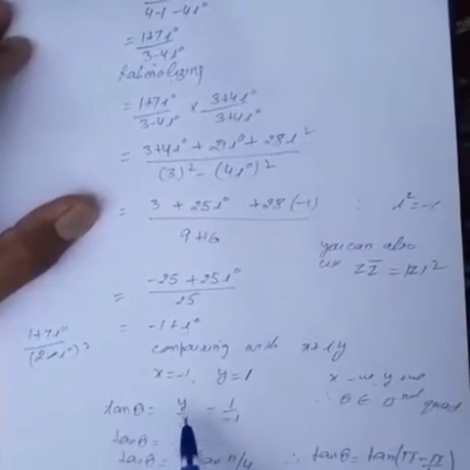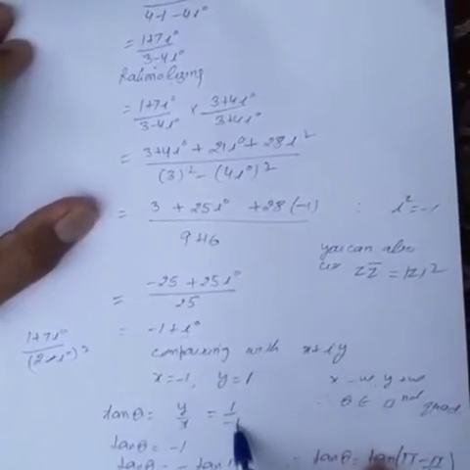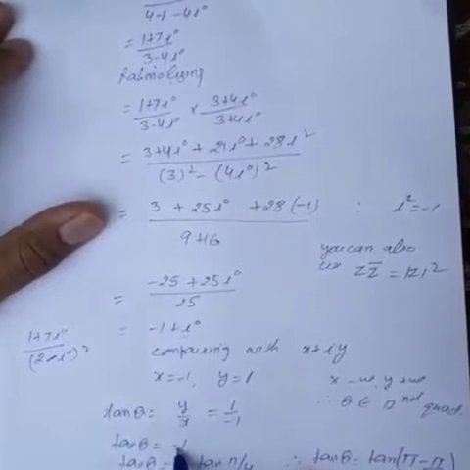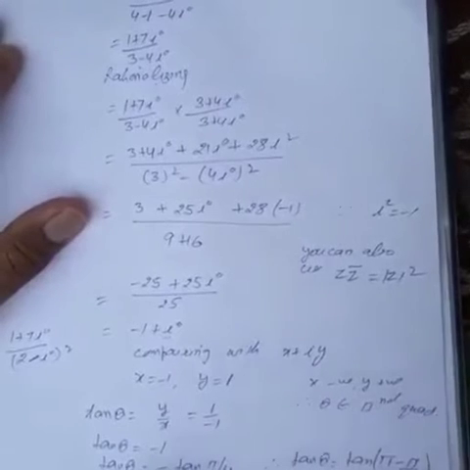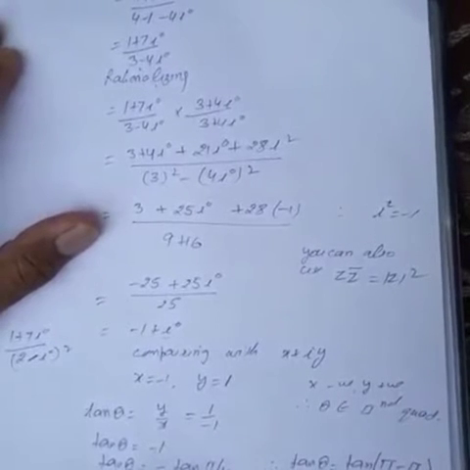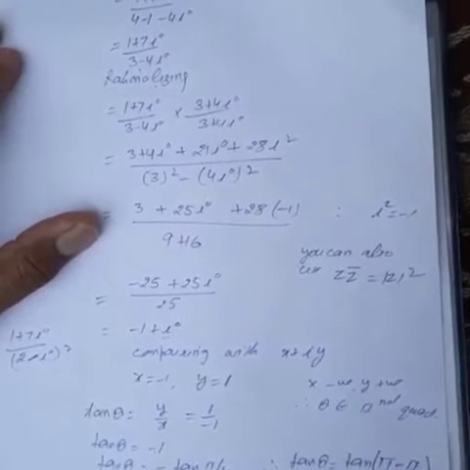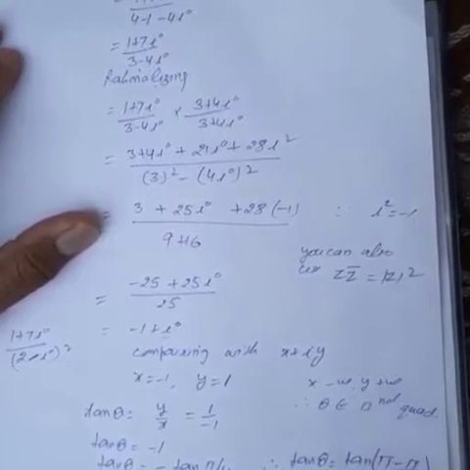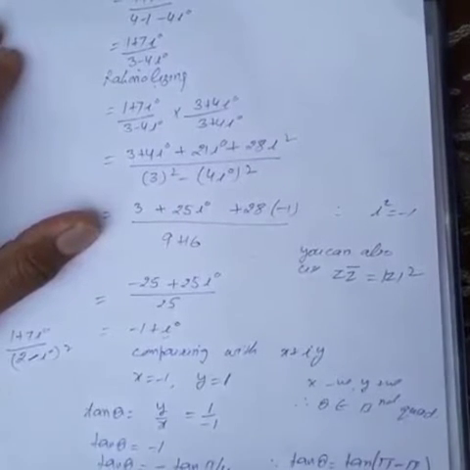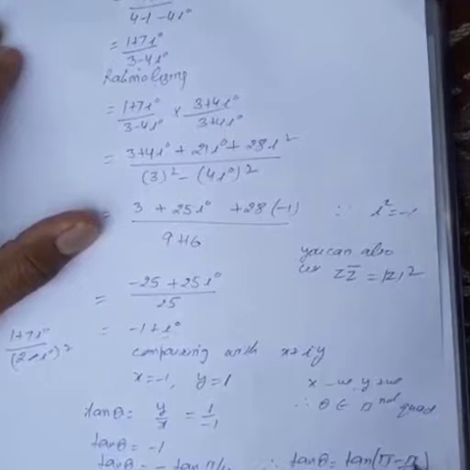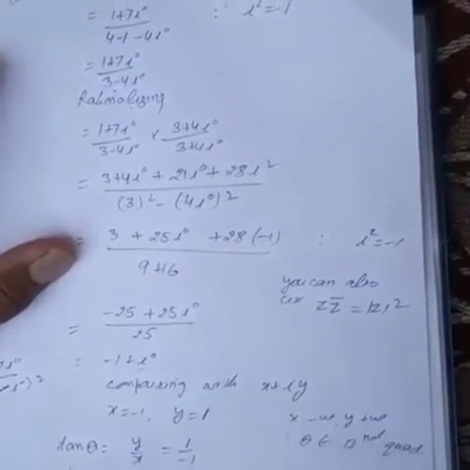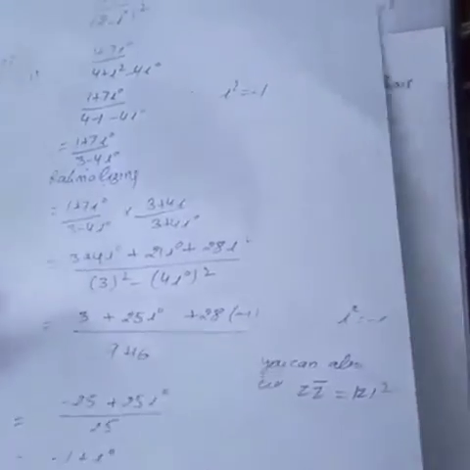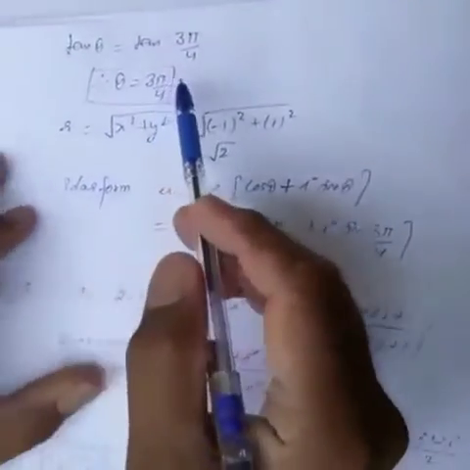So tangent theta is y upon x, which is 1 upon -1, and you can replace -1 by tangent pi by 4. Because theta lies in the second quadrant, the angle will be pi minus pi by 4. You can cross check by writing the reverse step. Tangent of pi minus theta, we know, is minus tangent theta, so that should be equal. So using this we can find theta, and theta is 3 pi by 4.